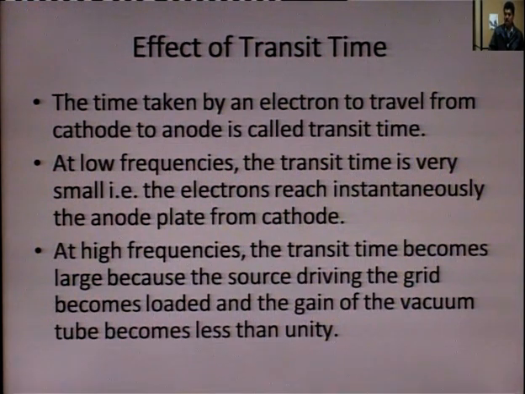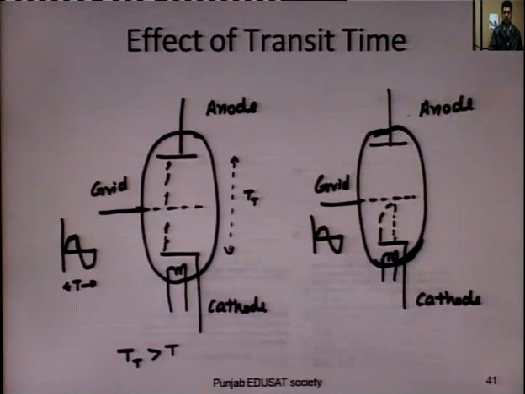So, when we are using a triode as an amplifier, the anode current will never follow the grid voltage. I will show you in the next slides.